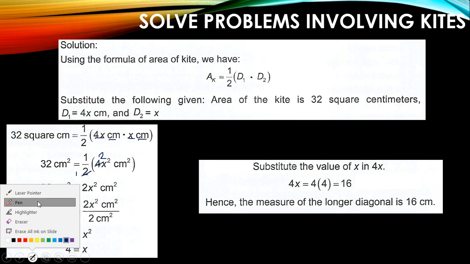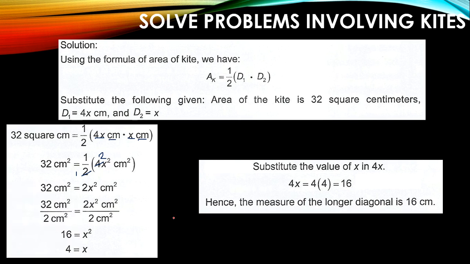Let's change the color, I prefer yellow. From the original, 32 cm squared, so 32 equals 2x squared. During the solving of the problem, you can disregard first the unit of measurements, and then just put the unit of measurement when you describe and specify your final answer. So 32 equals 2x squared.